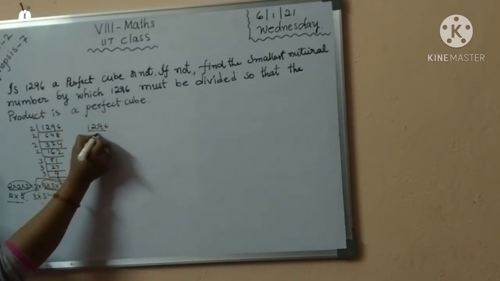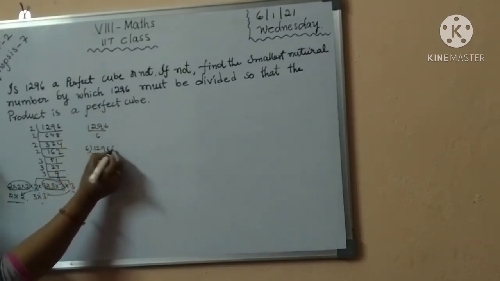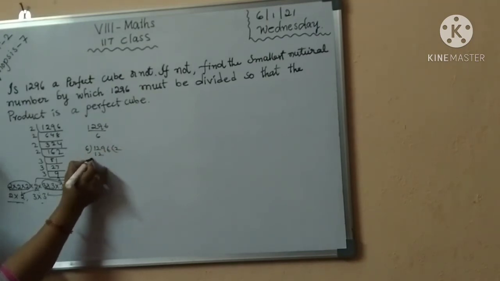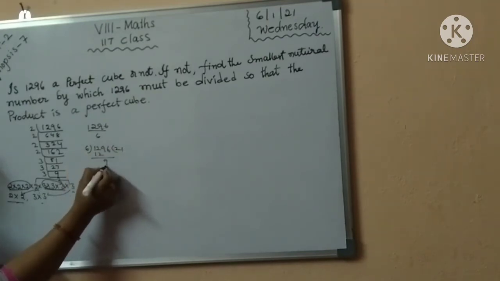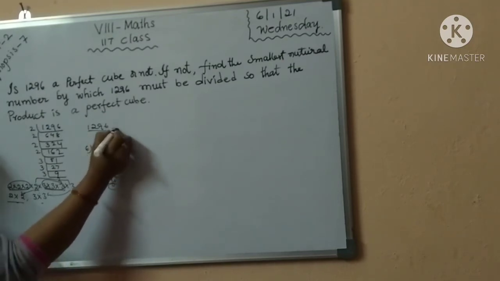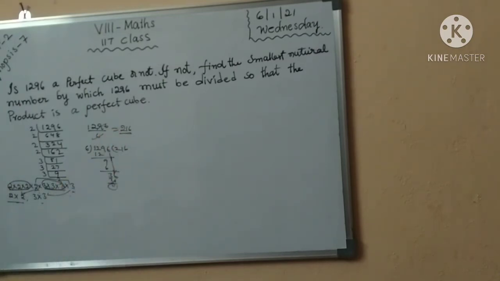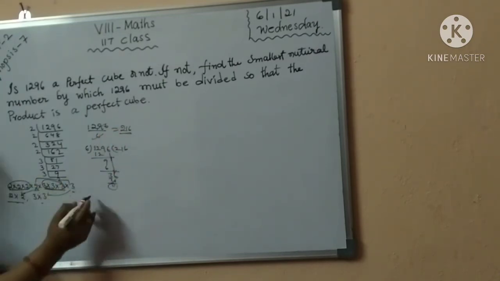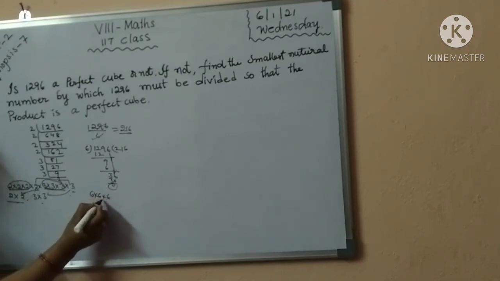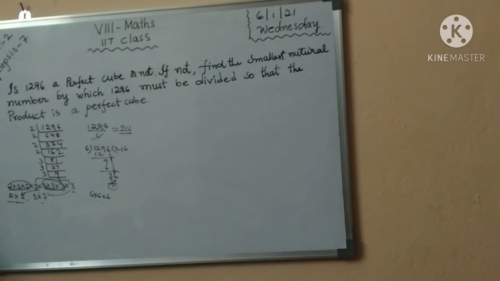1296 divided by 6. 2 6s are 12, 9 minus 6 is 3, bring down 6, 6 6s are 36. So 216. That is 216, a perfect cube: 6 into 6 into 6. 6 6s are 36, 36 6s are 216.